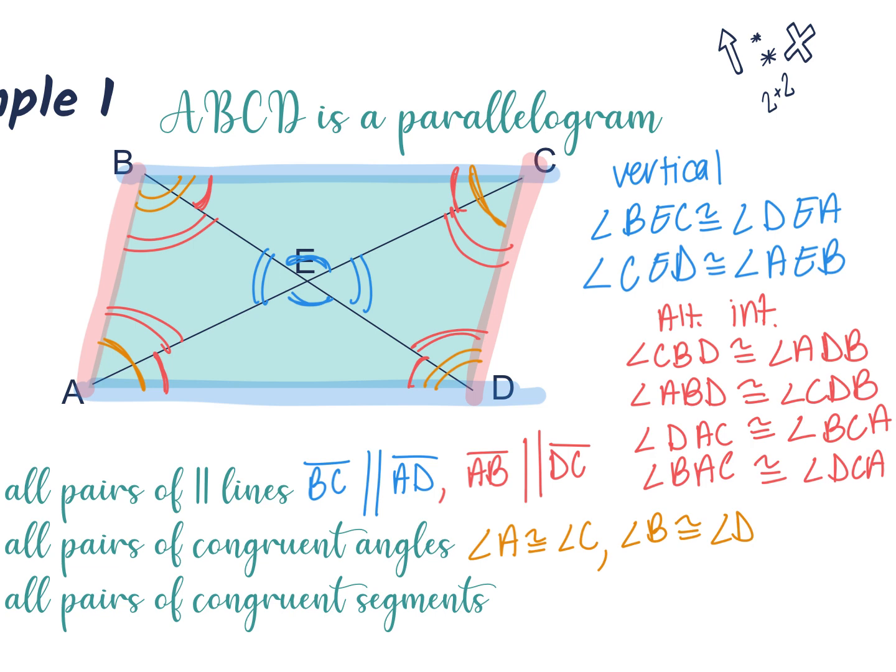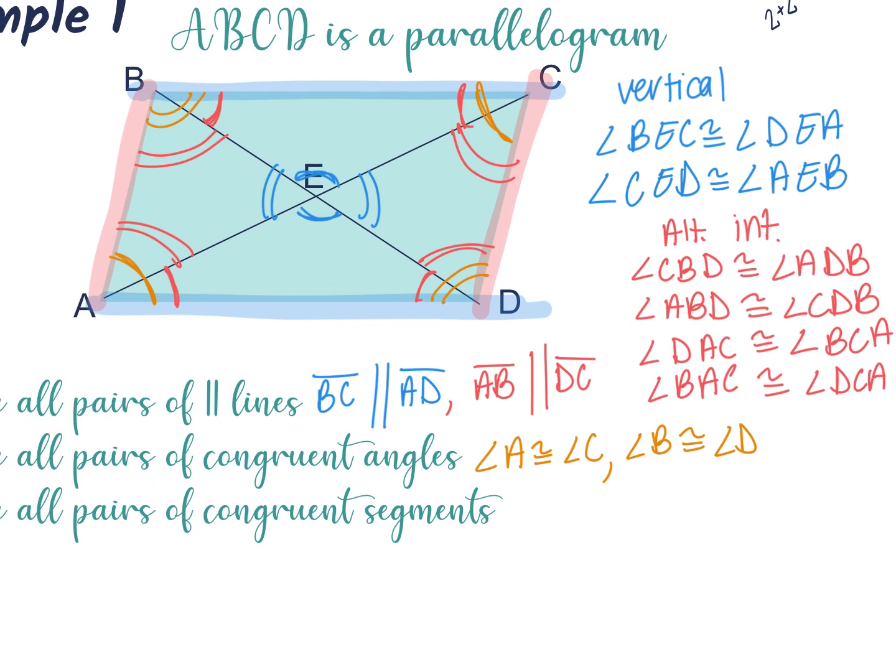Name all pairs of congruent segments. So, can anybody give me one pair of segments that are congruent? Segments meaning my lines. Did we already do this? Nope. Remember, diagonals bisect each other. That's a theorem.